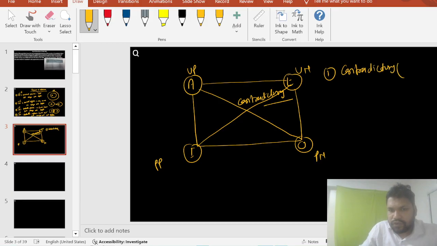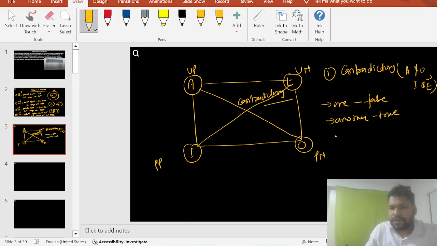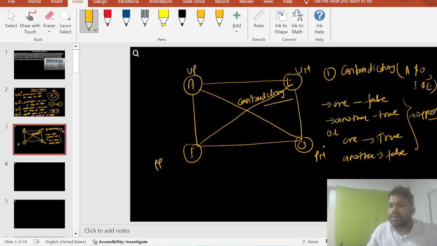Contradictory means it should be related with A and O, or I and E. So if one sentence is false, another sentence must be true, or if one sentence is true, another sentence must be false. It means just the opposite sentence. You have to find it out. That is called contradictory.